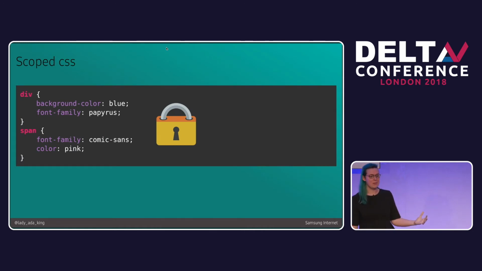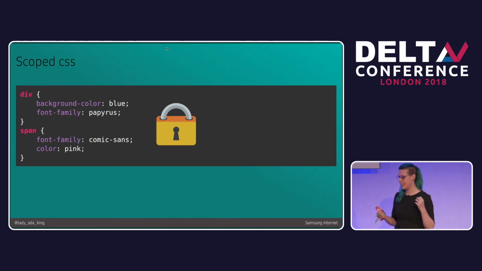The really cool thing about it is if you put a link tag that links to a style sheet, link rel stylesheet href equals, or you have a style tag, it's encapsulated to your web component. It doesn't break out and pollute the rest of the DOM.